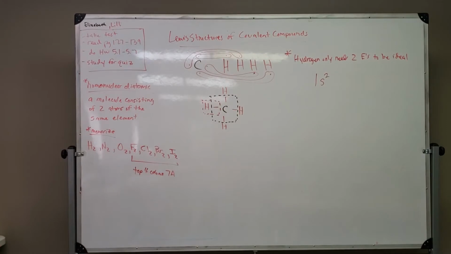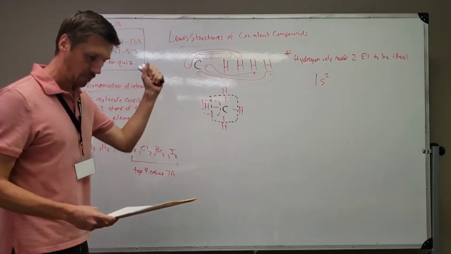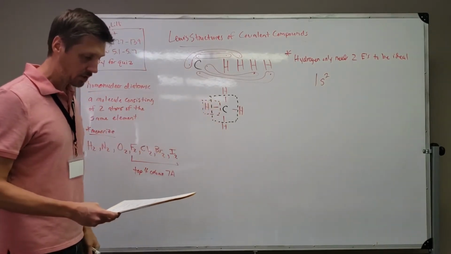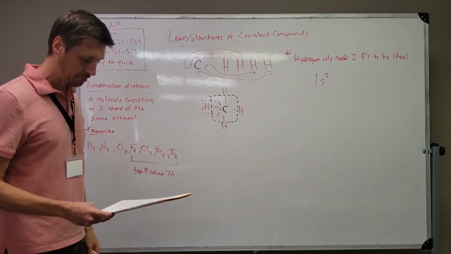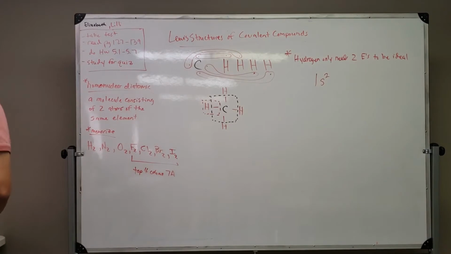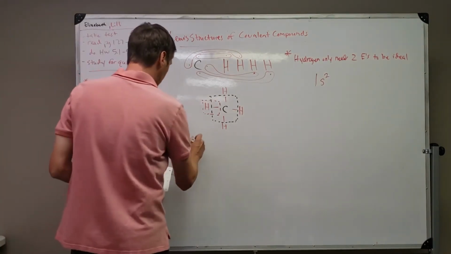All right, so let's see. We talked about covalent bonds. We talked about the Lewis structure of covalent compounds. You have to remember hydrogen is the one element that only needs 2 in these reactions in order to be ideal. This is an obvious definition, but I'm going to write it down anyway because it was in the book, and of course you need to know this.